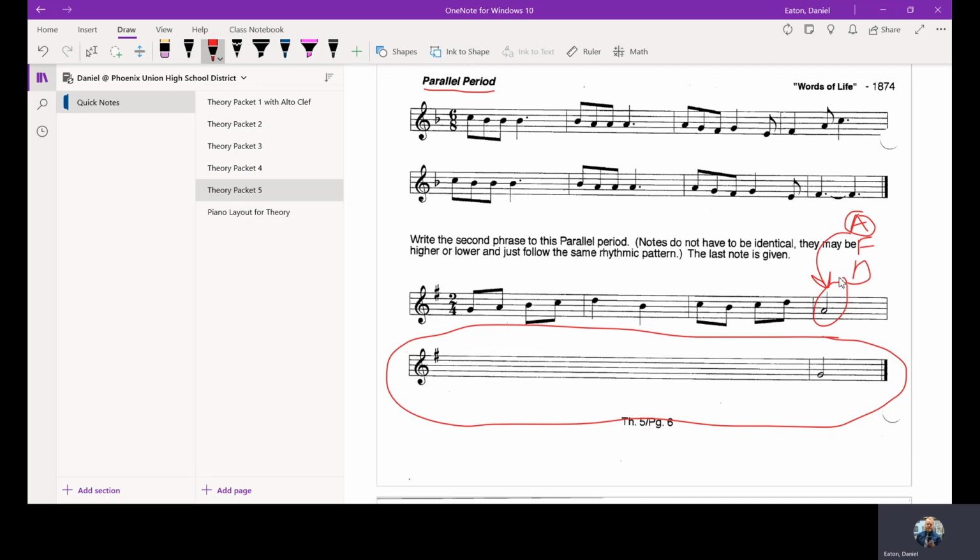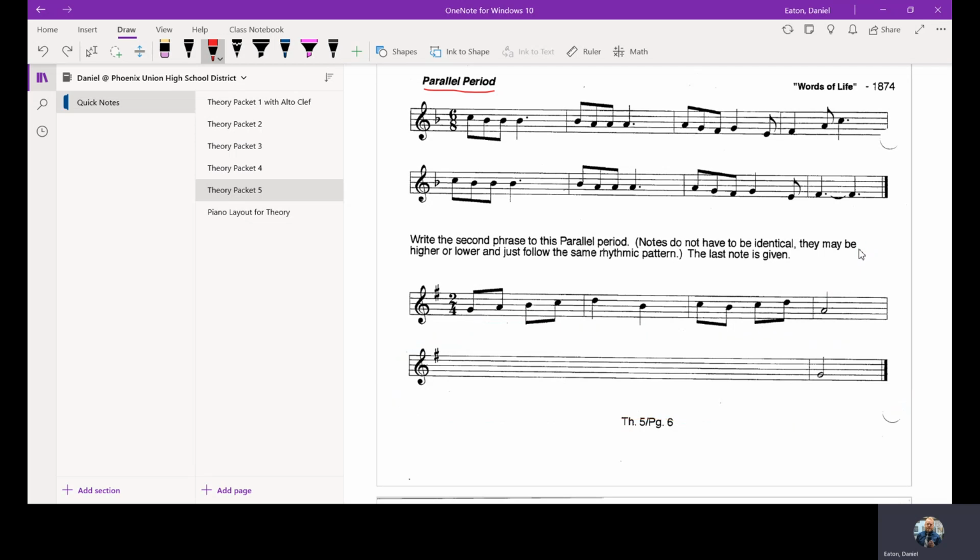That's just telling you that it's still kind of ending in that quote half cadence or question mark. It doesn't sound like it ends in finality because again, this A belongs to this 5 chord right here. Again, it's not something you need to know for this, but it is kind of reinforcing what it was talking about above that. So again, you're going to construct some type of parallel period, a second phrase to this. All you really need to do is follow this rhythmic passage. You can change around the notes as you need to.